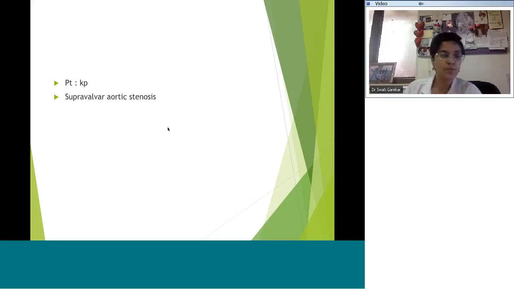Okay. Moving on to, probably the last one we could do today, supravalvar aortic stenosis. So this was a dysmorphic looking child who came to us. Does anyone know which syndrome is associated with supravalvar aortic stenosis?